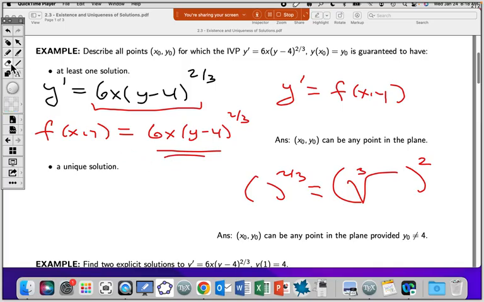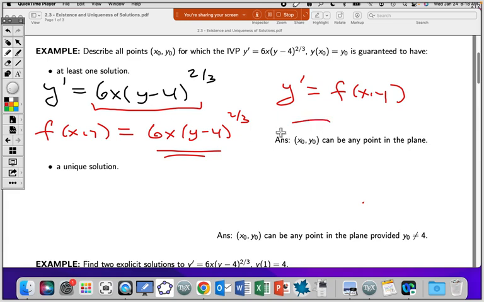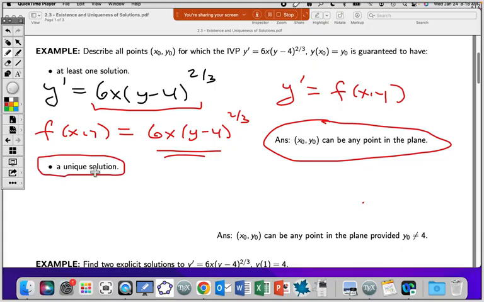So the function f is continuous for all points x and y in the plane, which means that for our initial condition, we can pick any point in the plane. We're guaranteed at least one solution. Now, if we want to know where there's a unique solution, then I have to go one step further and calculate the partial derivative of f with respect to y.